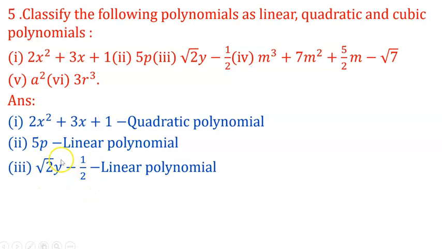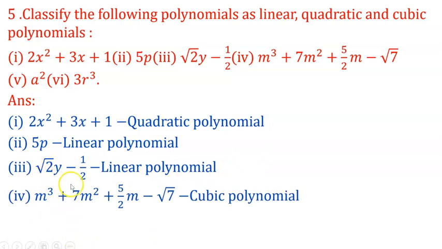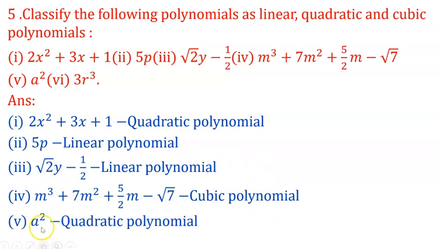Again the degree is 1, so it is a linear polynomial. m raised to 3 plus 7m square plus 5 by 2m minus root 7 is a cubic polynomial, since the highest power of m is 3. A square, the degree is 2. It is called a quadratic polynomial. 3r cube, again the degree is 3. Therefore it is a cubic polynomial.